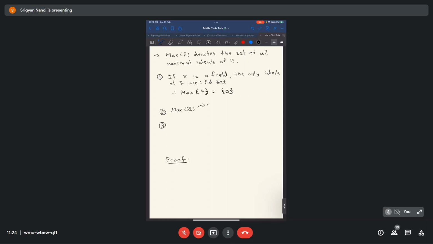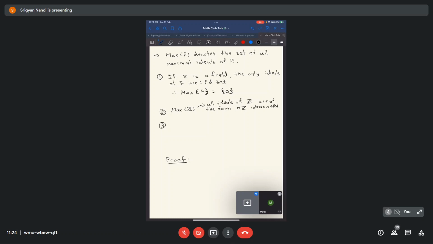So we already know, as I mentioned before, all ideals of Z are of the form NZ, where N is a natural number, right?